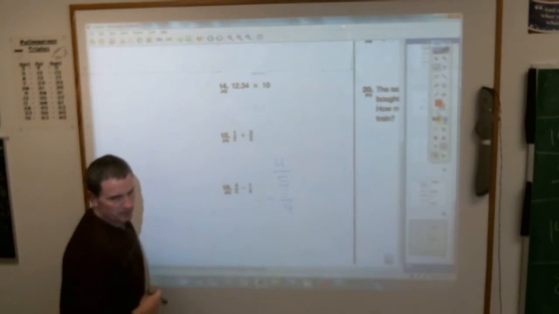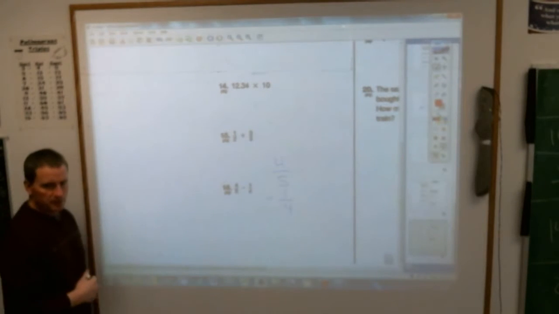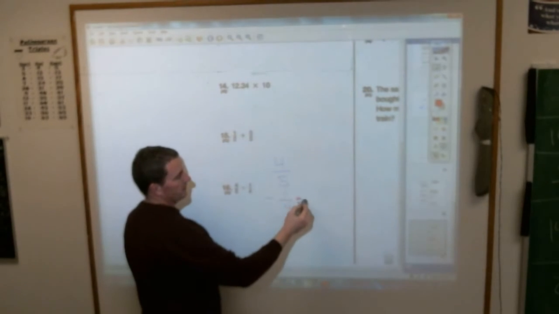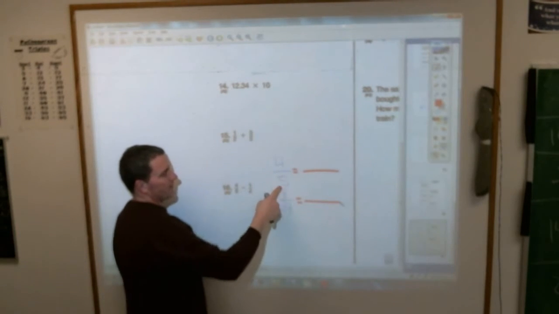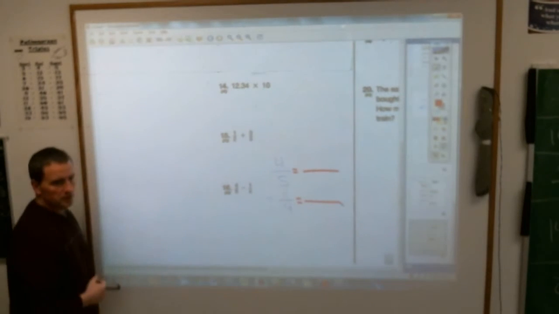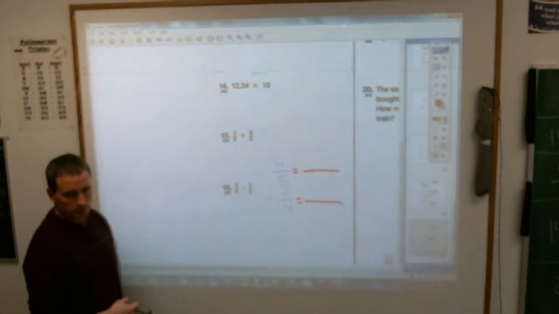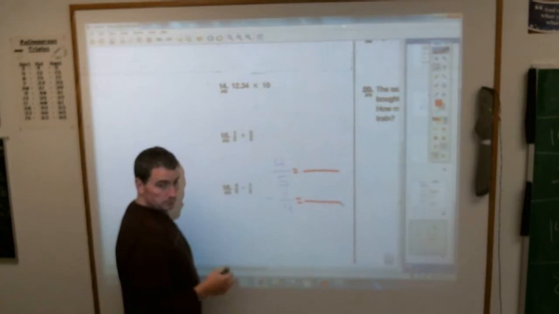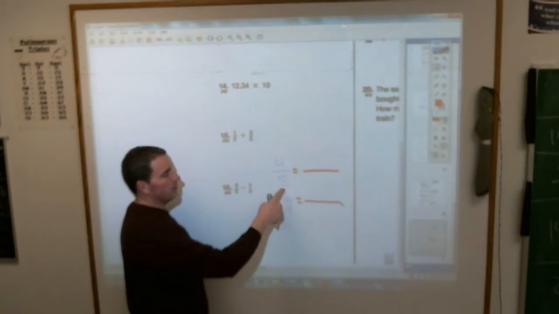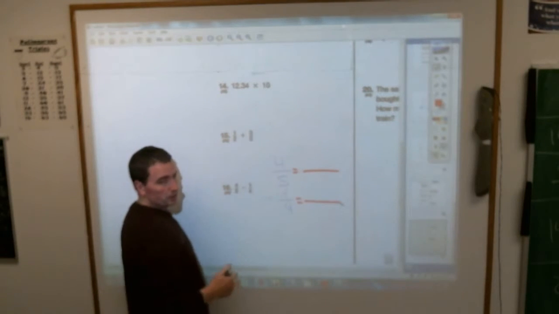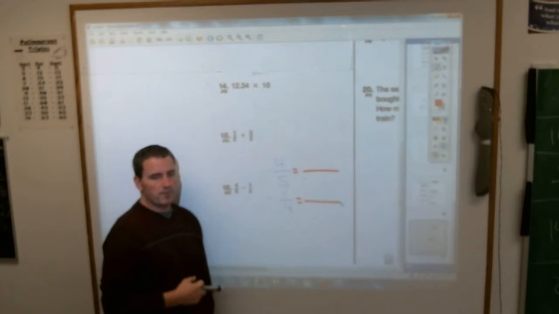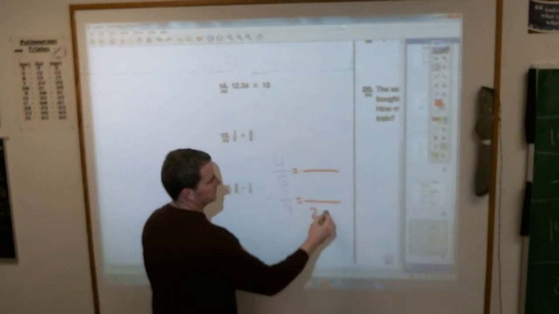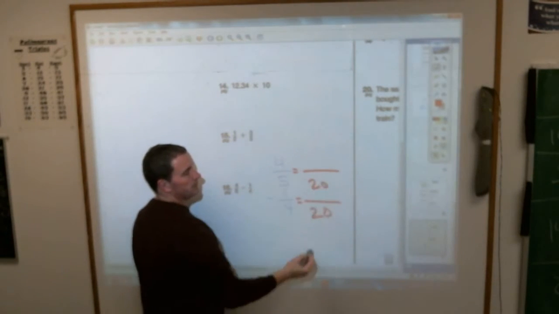We've done fractions that don't have common denominators. You need to make the same bottom number for them, which means you need to say, okay, I've got 5 and 4. What's the smallest number that 5 and 4 will go into? What's the least common multiple of 5 and 4? Counting by 5s, counting by 4s, which is the first number you come to that they both have? 20.